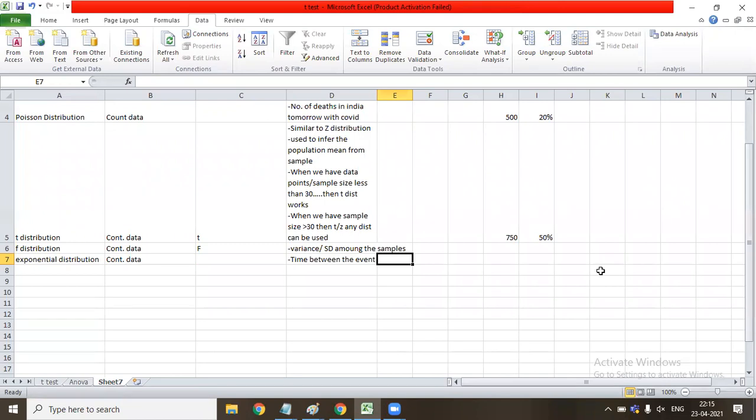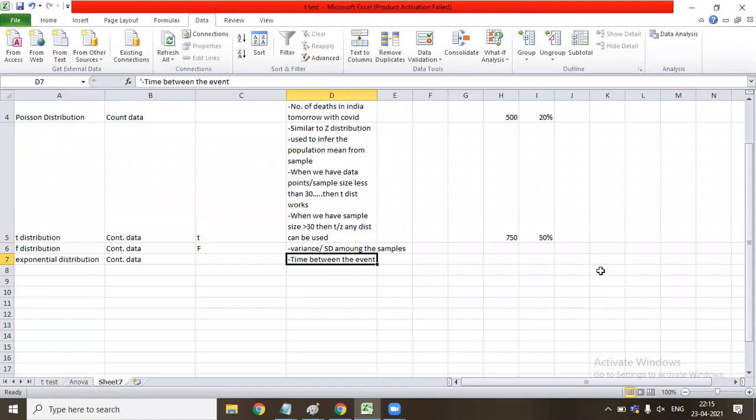Time when you place the order for the pizza and time when you get the pizza. So the time between the events, if you need to predict, then we do it with the help of exponential distribution. So the thing is, we have the pizza delivery. For example, you take a notepad and a pen, and you sit in a Pizza Hut.